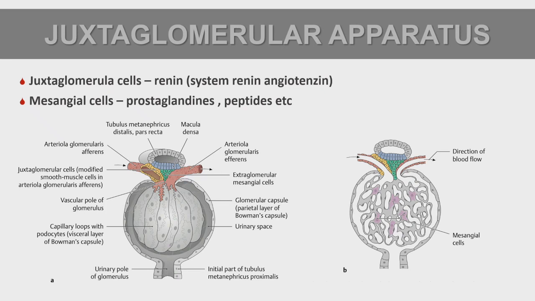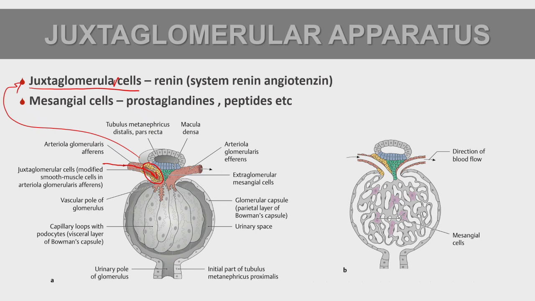So this is an excretory system for external excretion of urine, but we have also a very important apparatus which is called juxtaglomerular. This juxtaglomerular apparatus is made by two different structures. Here we have an afferent vessel, and here we have cells which are called juxtaglomerular.